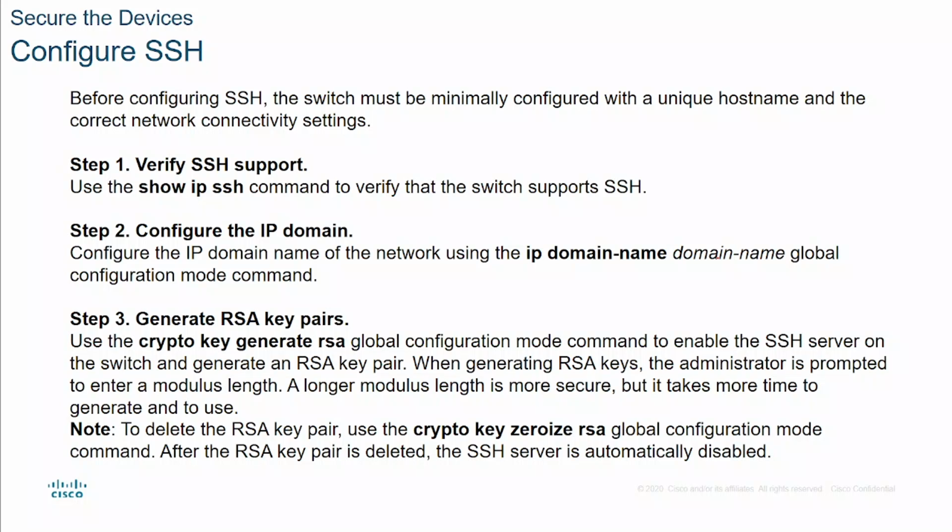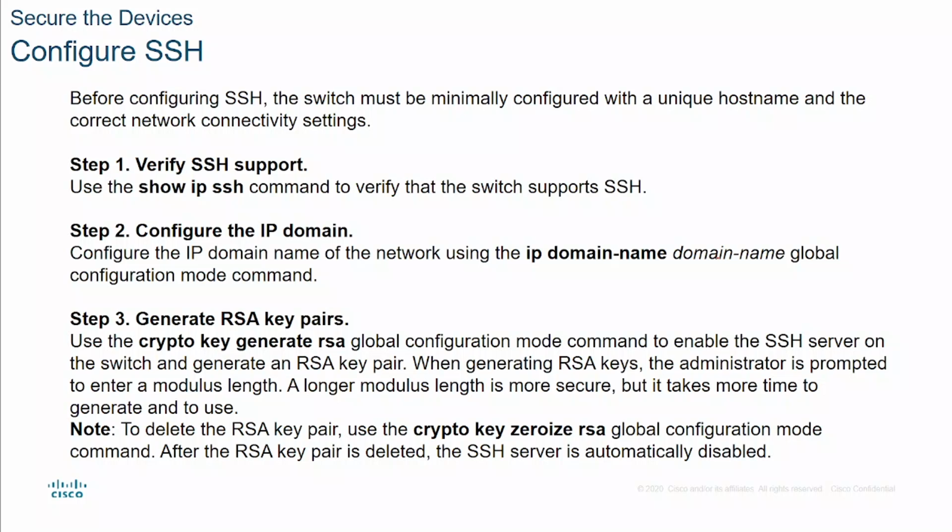When generating RSA keys, the administrator is prompted to enter the modulus length. A longer modulus length is more secure, but it takes more time to generate and to use. Remember I said it ranges from 64 bits, 128 bits, and even 500 bits.